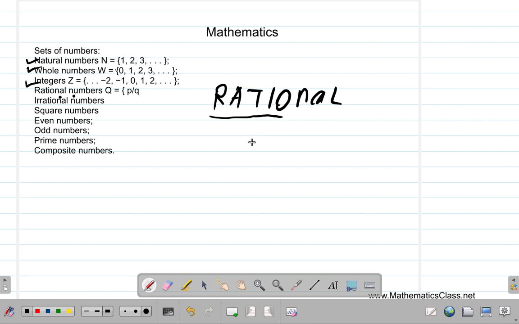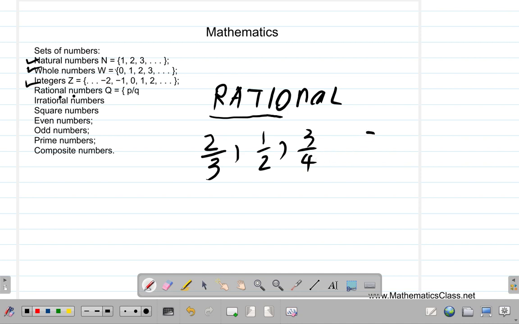Rational numbers. Ratio deals with fractions. 2/3 is a rational number. You see, 1/2 is a rational number. You see, 3/4 is a rational number. Here, that's what we have.